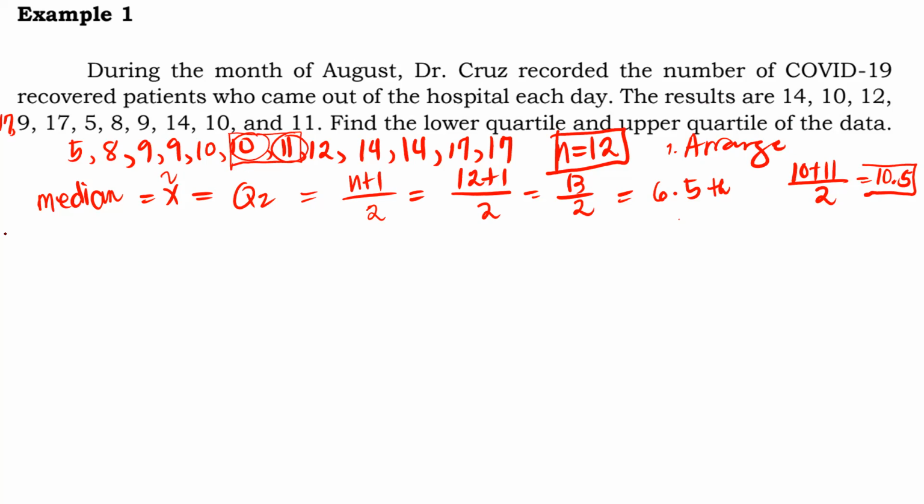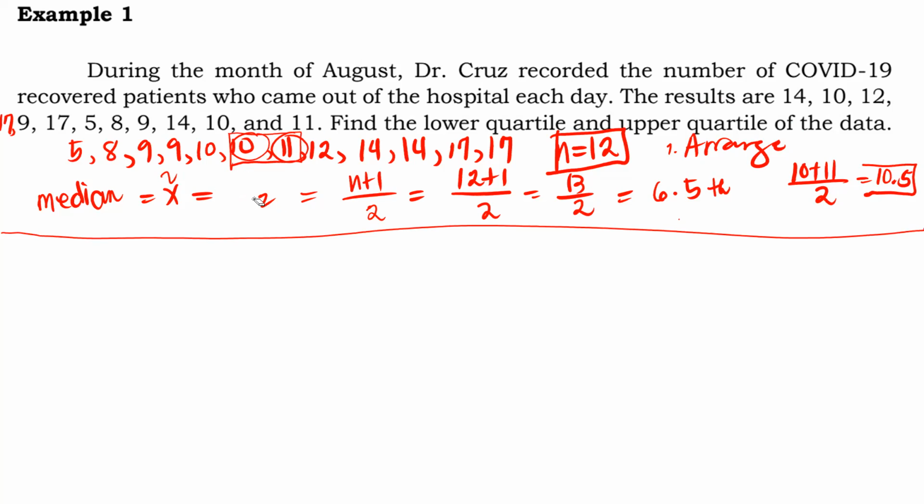Pero when it comes to quartile, tanggalin natin si quartile dyan. Gawin natin median lang yan. Okay. When it comes to quartile, pwede tayong gumamit ng dalawang paraan. Okay? Quartiles.